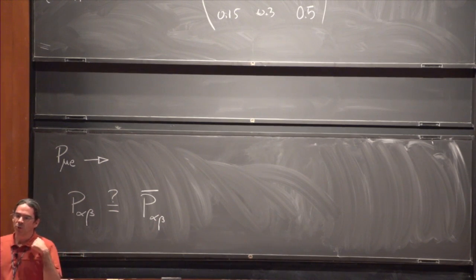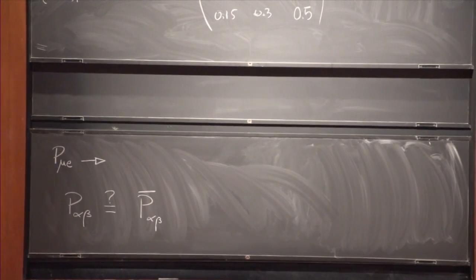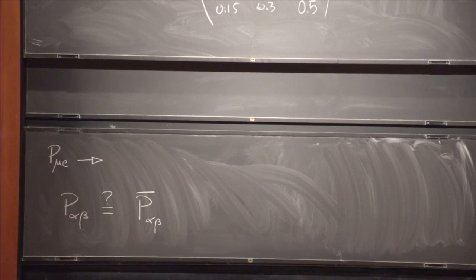So that's what you're looking for. So if you were doing nu mu disappearance, which is asking if the nu mu's are going into something else, and you compare that with anti-nu mu disappearance, those two numbers are guaranteed to be exactly the same, even if CP is violated, because of the CPT theorem. So the CPT theorem says that those two numbers are the same. Because again, the only difference is you have to run the movie backwards.